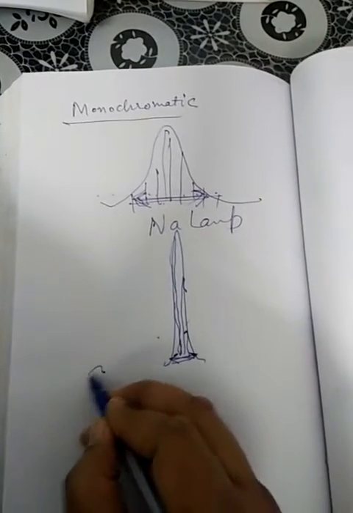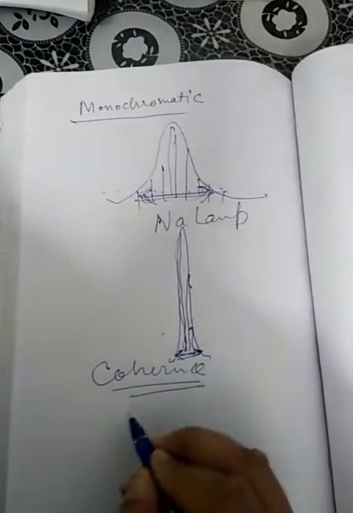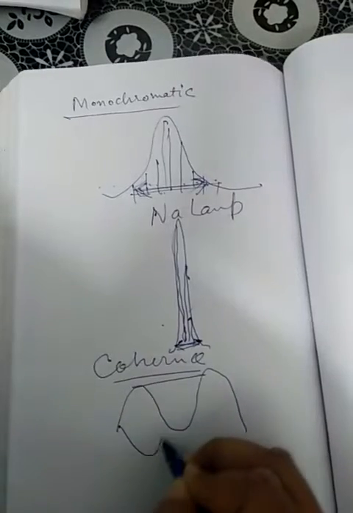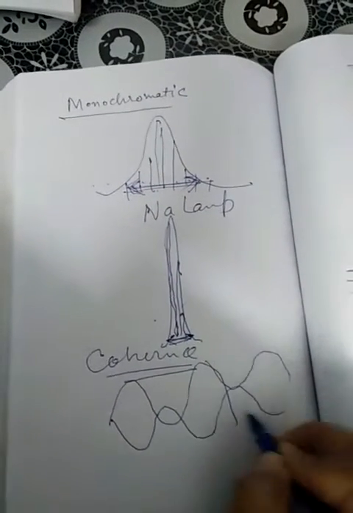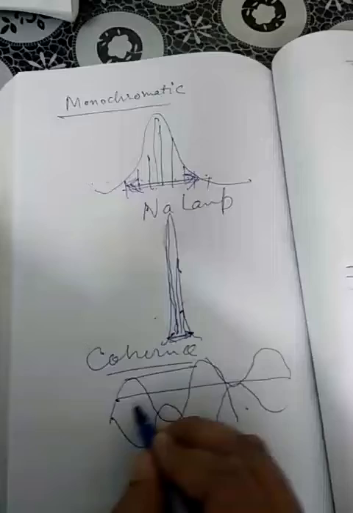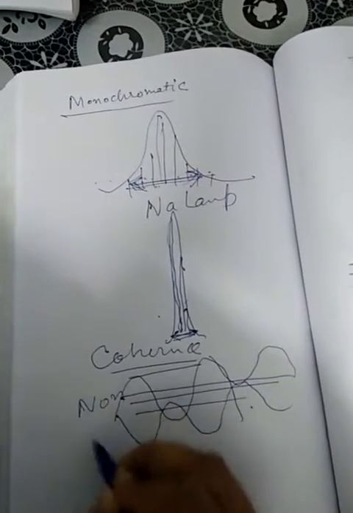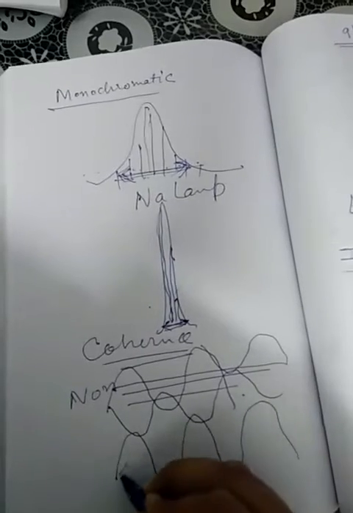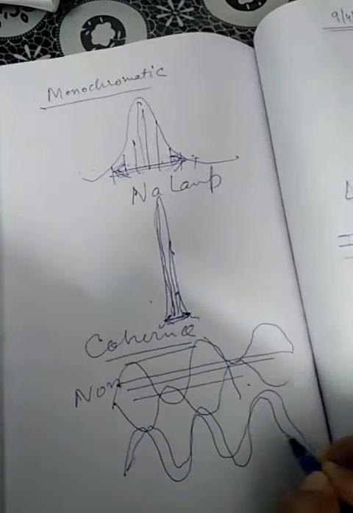The second property possessed by it is coherence. Now, what do you mean by coherence? Coherence means all the particles coming out should move in phase with each other. This is a source of light whose waves are overlapping over each other, so this is a non-coherent source. In a coherent source, particles emitted from different phases should come out with the same phase and move in the same direction.